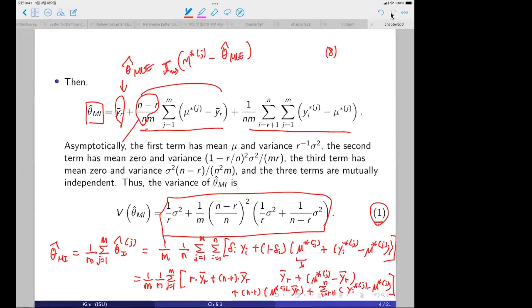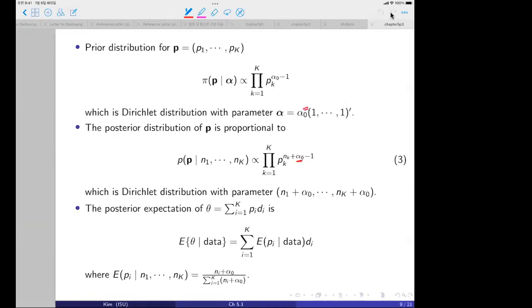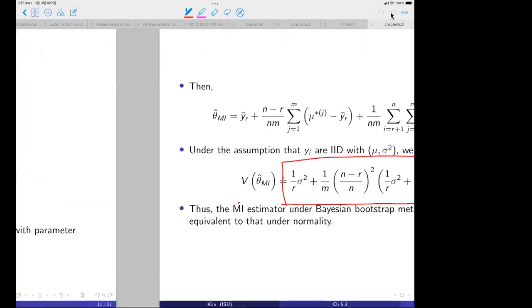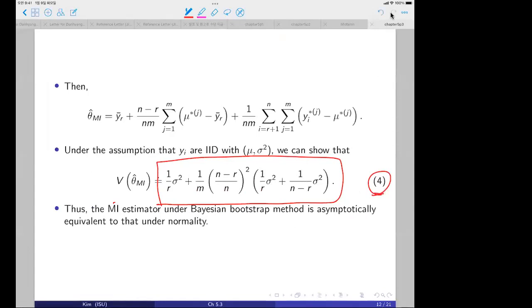This formula 1 and this formula 4 are equal. So the Bayesian bootstrap method is asymptotically equivalent to that under normality.